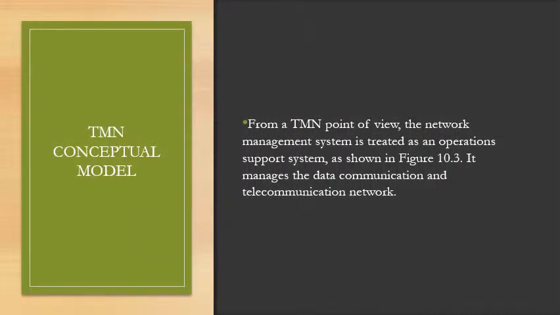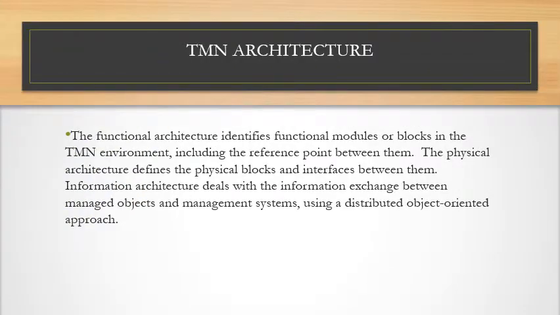From a TMN point of view, the network management system is treated as an operation support system, shown in Figure 10.3. It manages the data communication and the telecommunication network. The functional architecture identifies functional modules or blocks in the TMN environment, including the reference points between them. The physical architecture defines the physical blocks and interfaces between them.